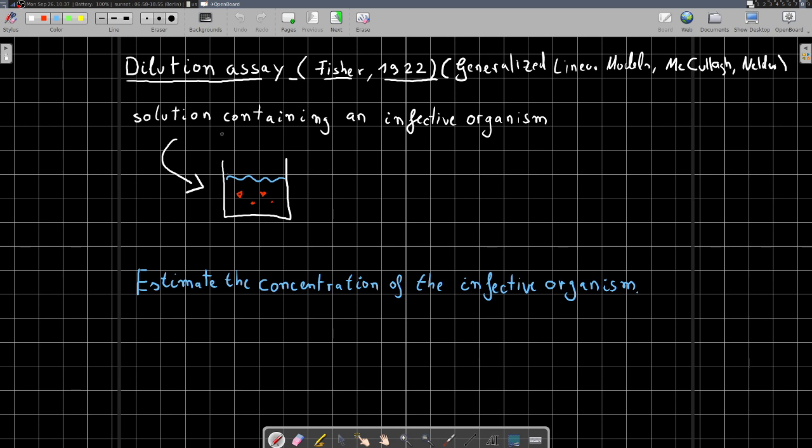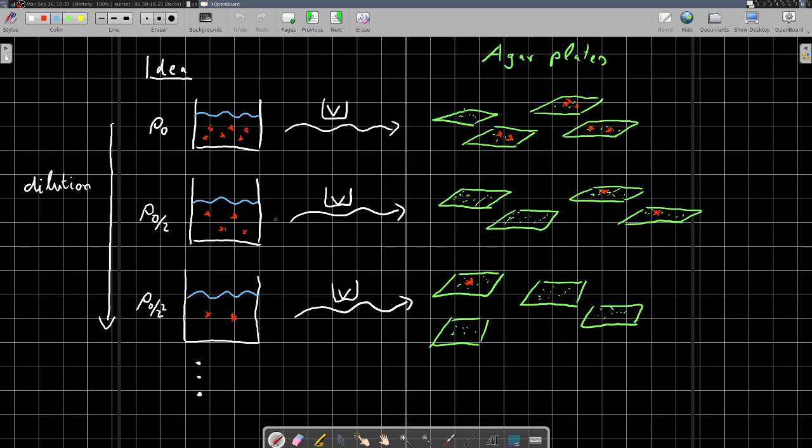So we're given a solution containing an infective organism depicted here. So the red dots should symbolize the infective organism, and our task is to estimate the concentration of this infective organism. So what's the idea?